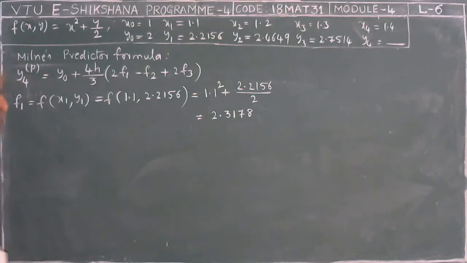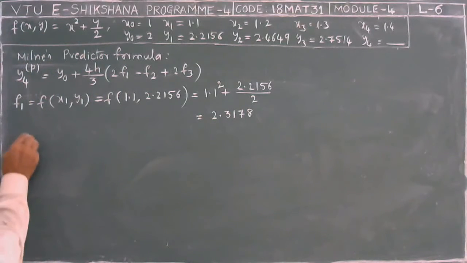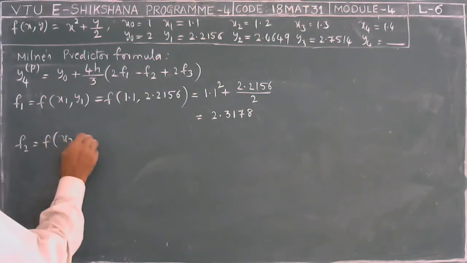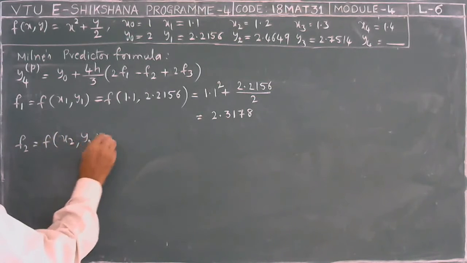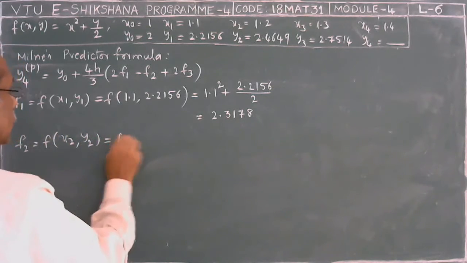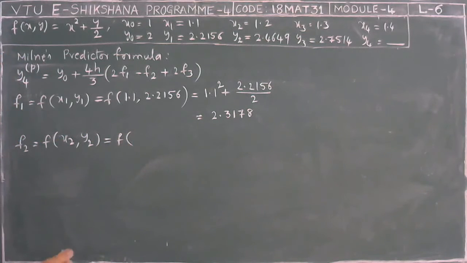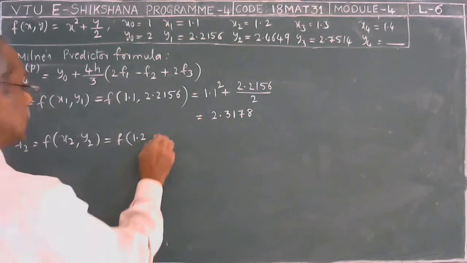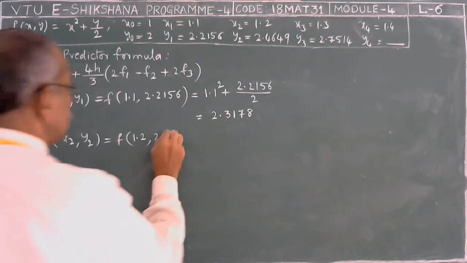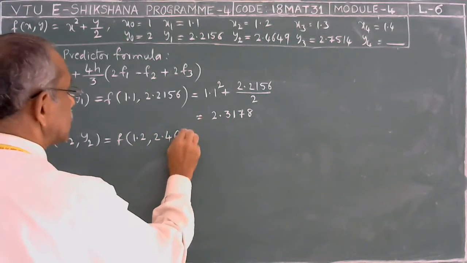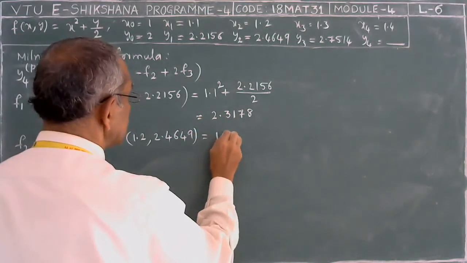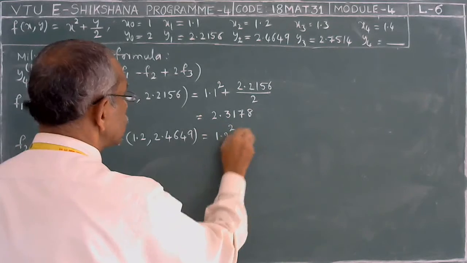Now similarly, f2 is f of x2 comma y2, so this is equal to f of 1.2 comma 2.4649.